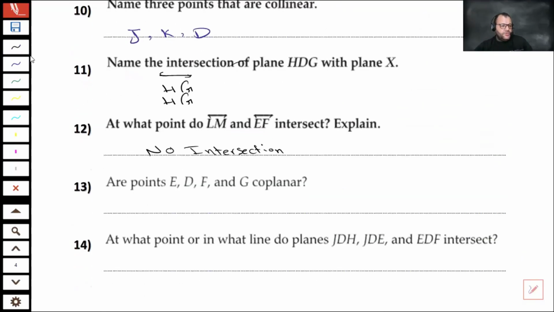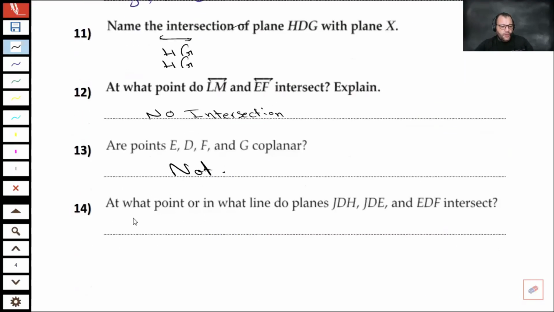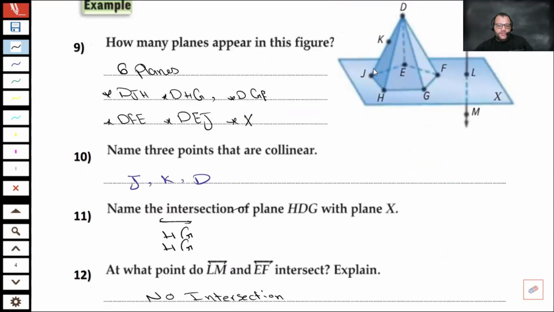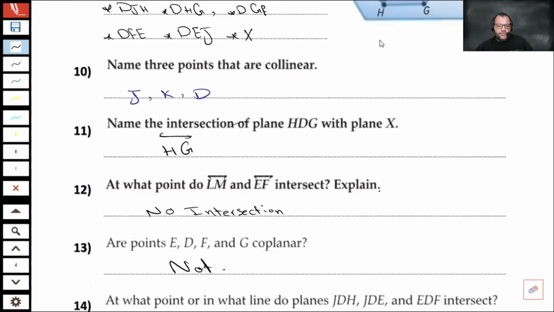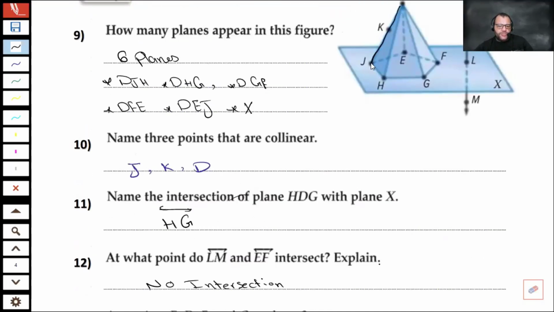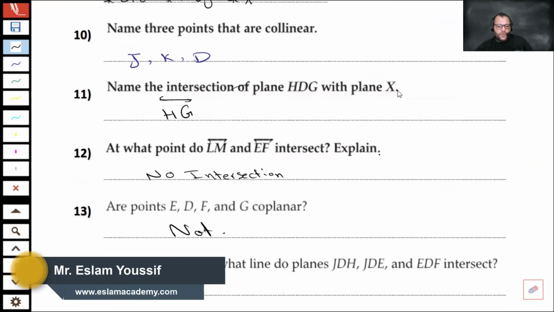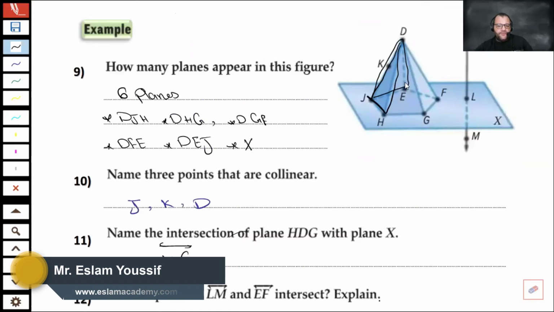So we said the four points are not coplanar. At what point do the planes JDH, JDE, and EDF intersect? That's the first plane, JDH. JDE. EDF.